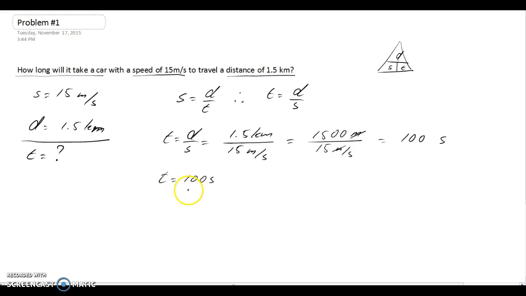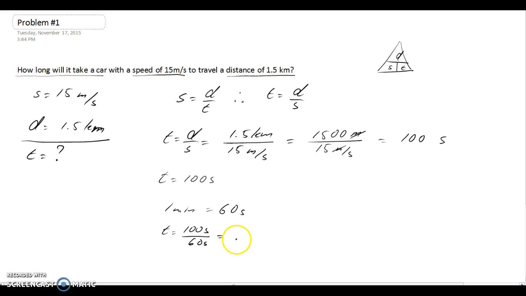So if I want to convert 100 seconds into minutes, I know that for every 1 minute there are 60 seconds. Since I'm going from the smaller unit to the larger unit, I need to divide. So 100 seconds divided by 60 seconds will give me minutes.